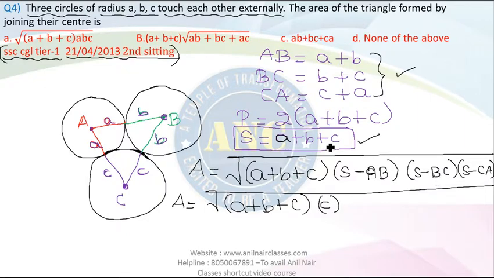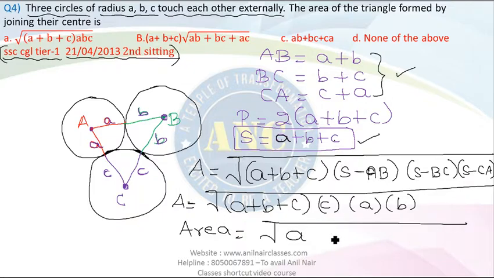Similarly, s minus bc is a plus b plus c minus of b plus c, so you are left only with a. Similarly, s minus ac will give you only b. That means your final answer for the area of triangle is square root of abc times of a plus b plus c, which is nothing but option A.